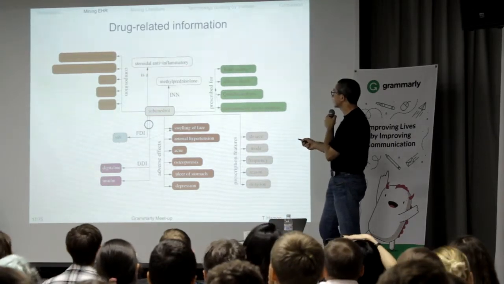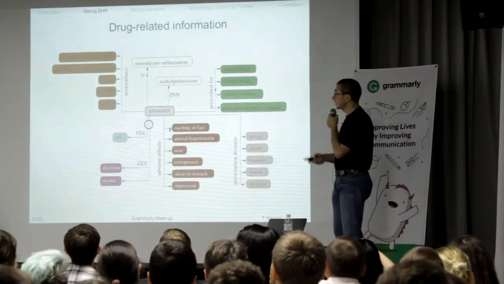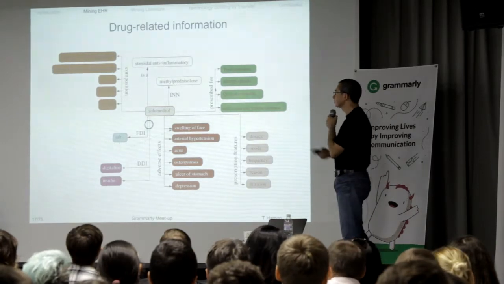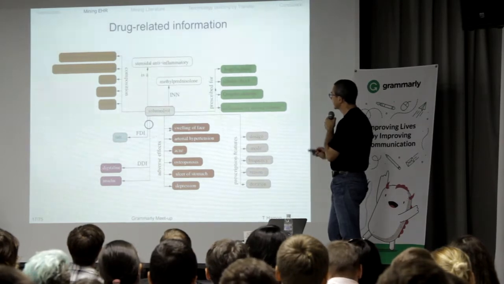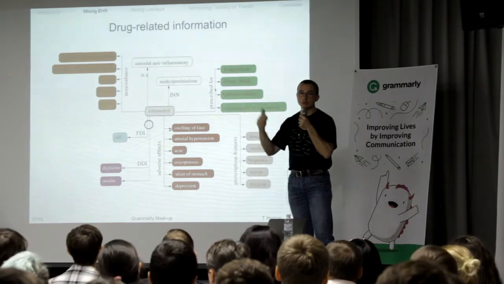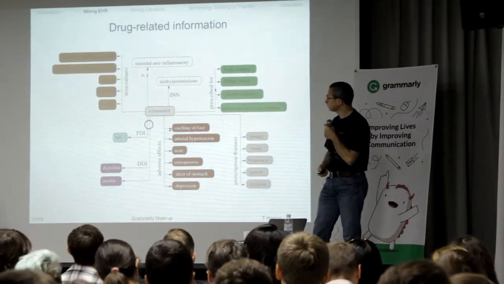But sometimes the drug can also be just a hypernym, a more general term, or also an international non-proprietary name, which is more general. Usually this one is more a brand name.